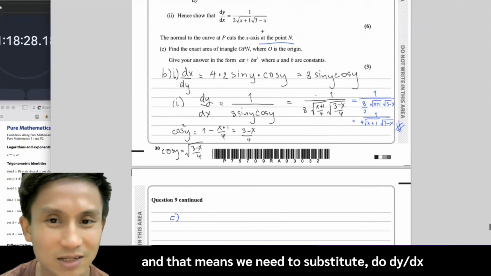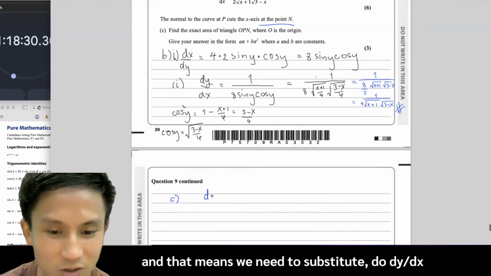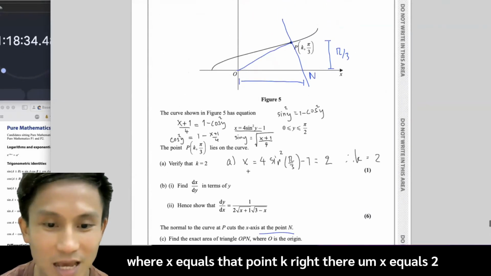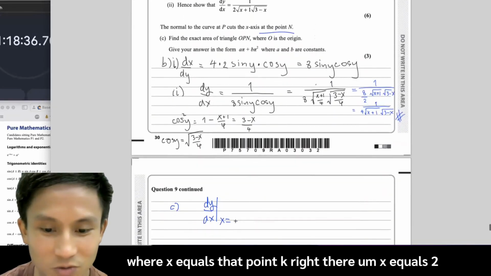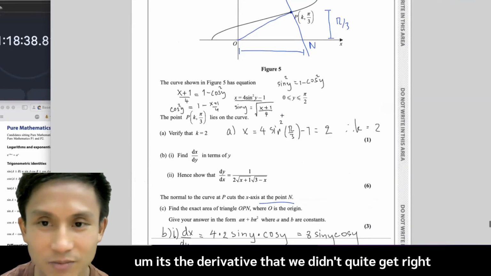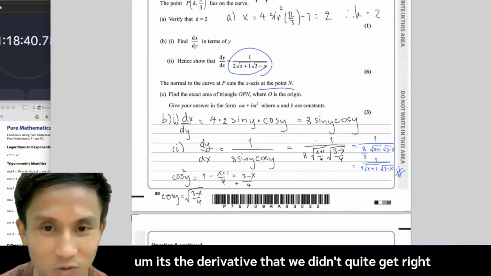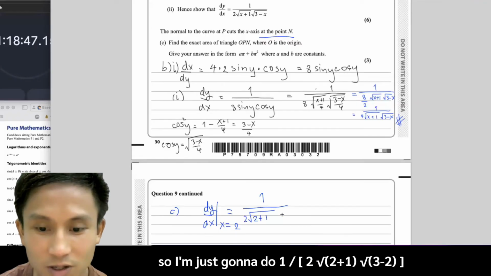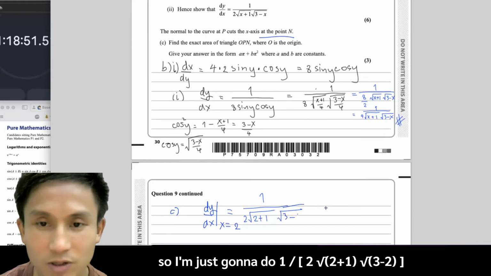And that means we need to substitute, do dy by dx, where x equals that point K right there, x equals 2, to this derivative that we didn't quite get, right? So I'm just going to do 1 over 2 of 2 plus 1 square root in there, and also that part, 3 minus 1.